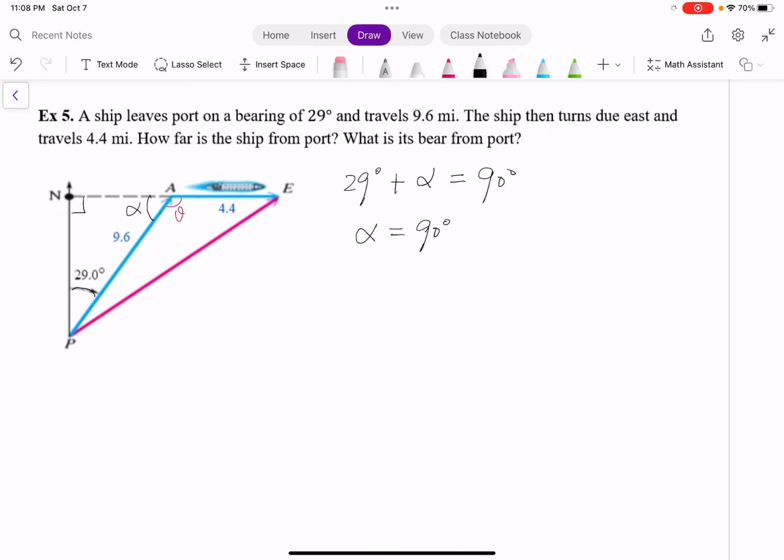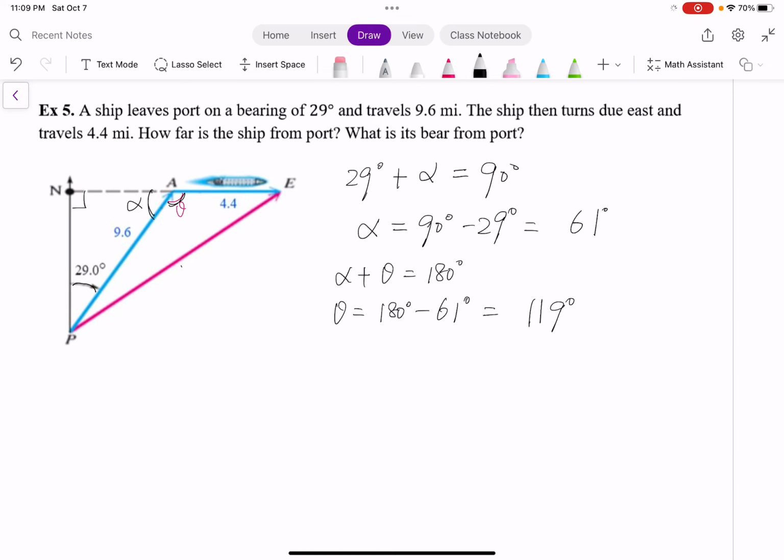So 90 minus 29 is 61 degree. And I also know alpha and theta are supplementary. That means alpha plus theta equals 180 degree. So theta equals 180 minus 61, so 119 degree. Okay, we know theta.